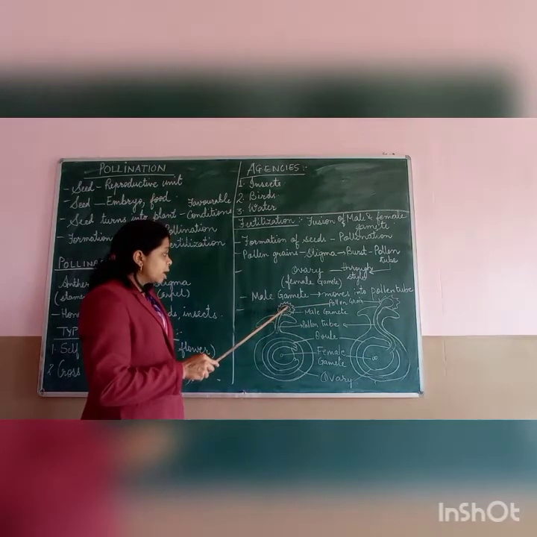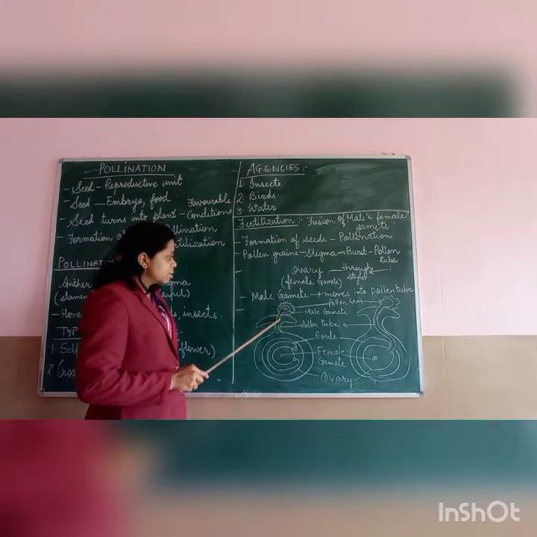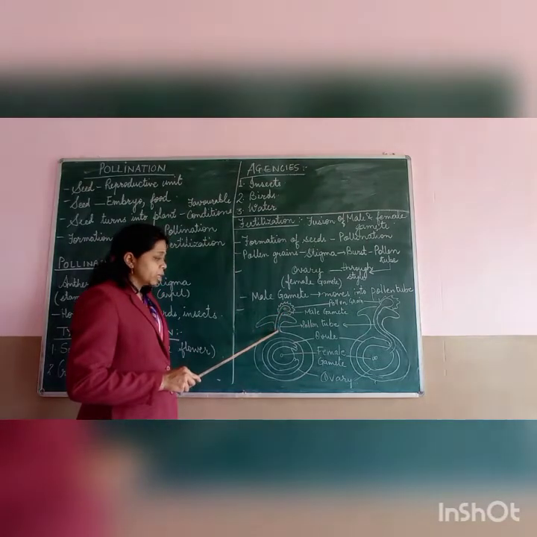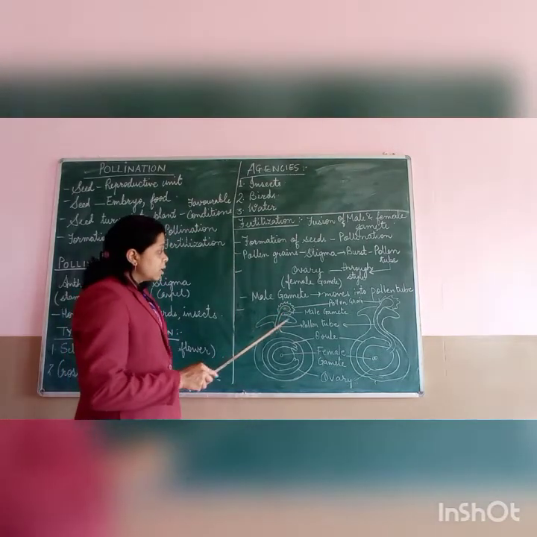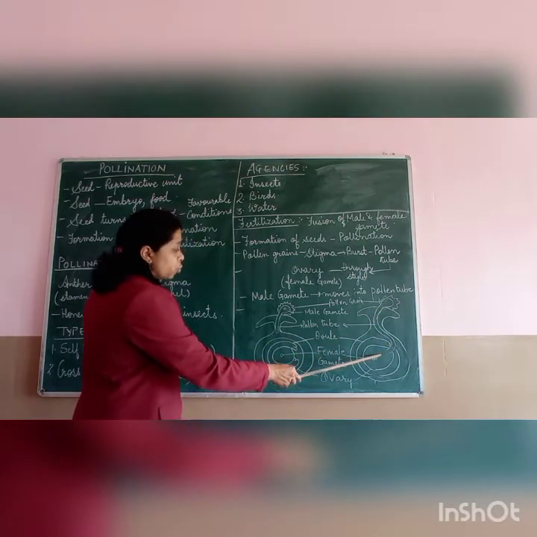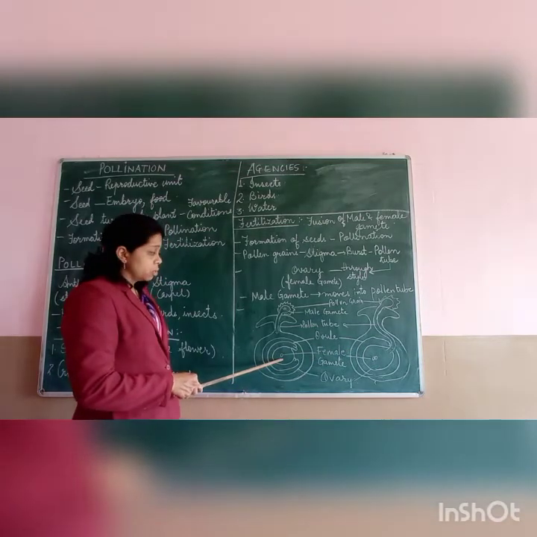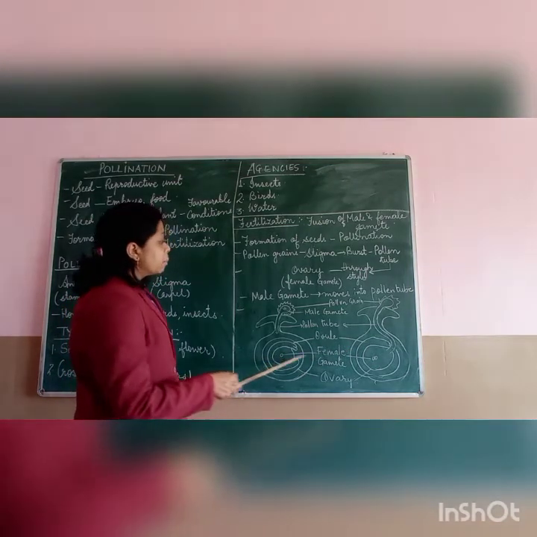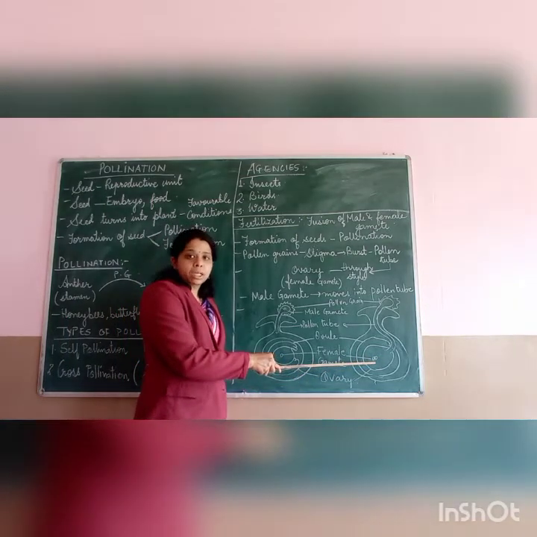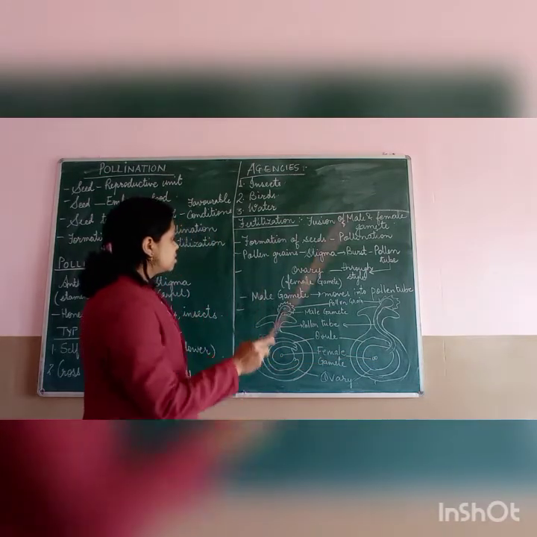This male gamete will move through the pollen tube. This is the pollen tube. Finally, the pollen tube will grow and reach the ovary where the female gamete is present. Here the mixing of the male gamete with the female gamete takes place, which forms a zygote. This is nothing but fertilization.